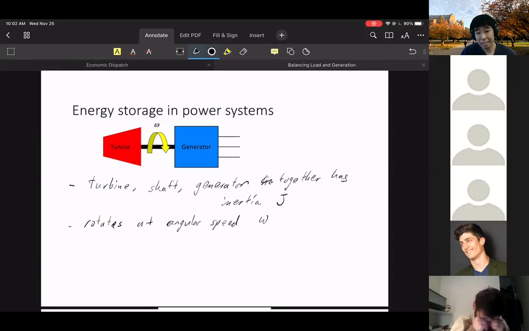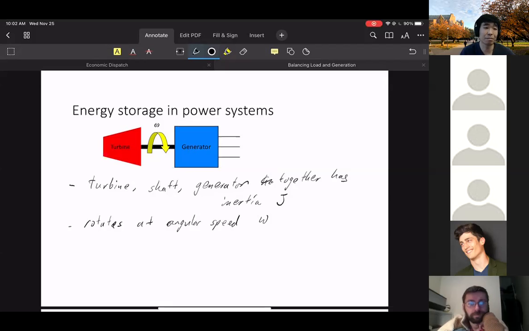Then what is the stored energy? If I have inertia J, and I'm rotating at angular speed omega, what is the mechanical energy in the system? Somebody remember the formula?